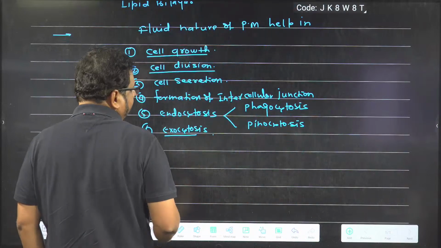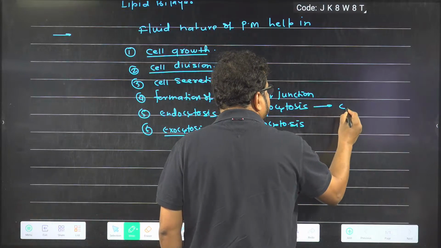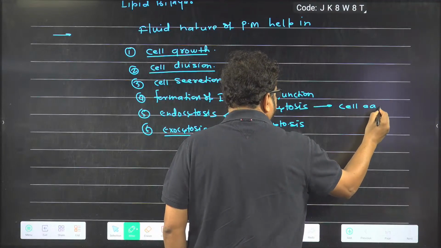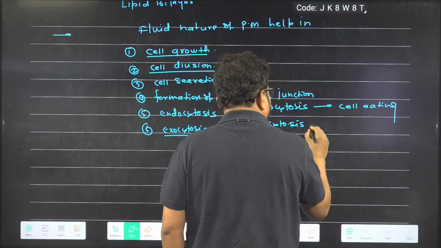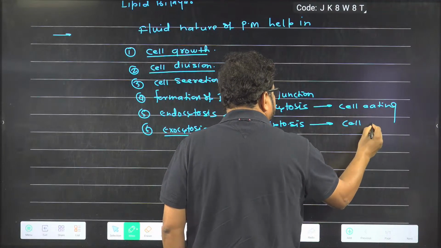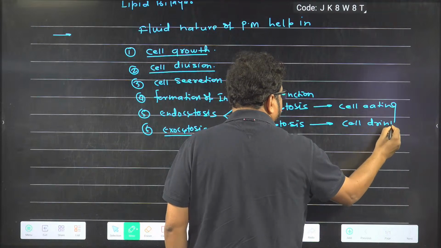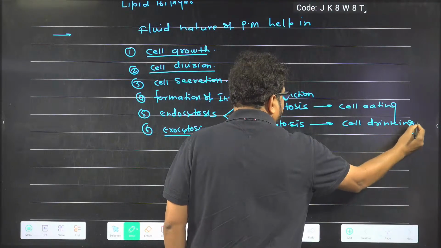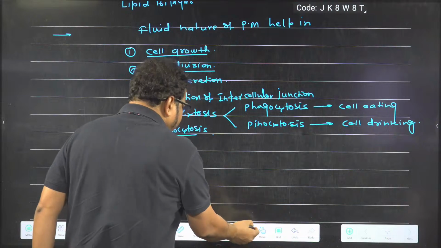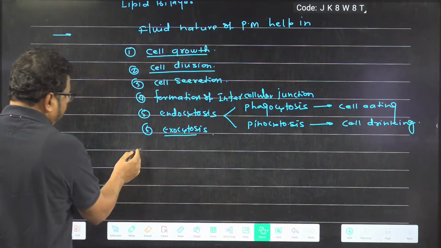Phagocytosis is also called cell eating and pinocytosis is also called cell drinking. So these all are possible due to quasi-fluid nature of the plasma membrane.